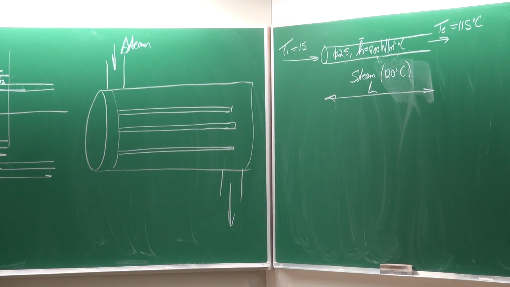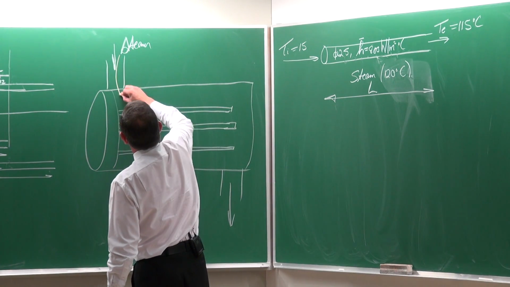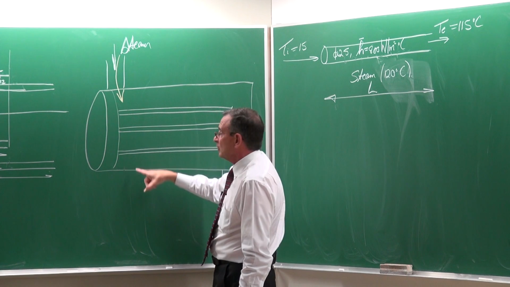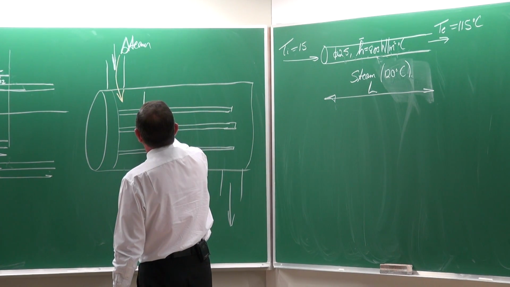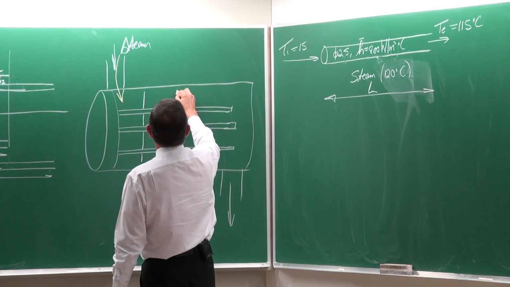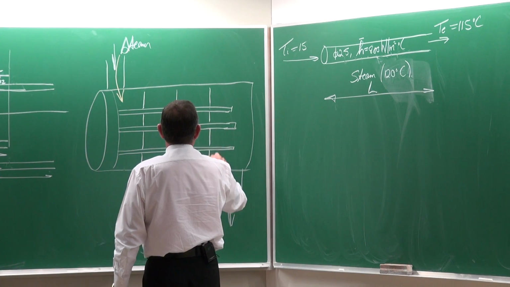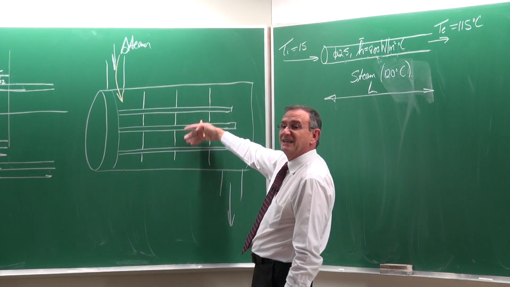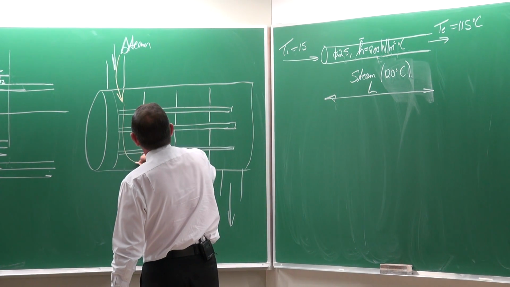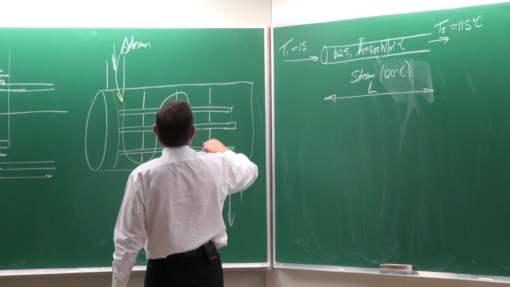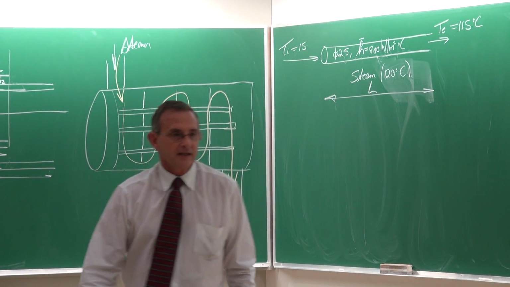And the steam is typically going to enter here. It's going to be on the outside of the tubes. And in here we will have some baffles, like that. I've just shown 3 tubes here, but it can be hundreds of them. So the steam is going to be on the outside of the tubes, and it's going to flow around that, and it's going to flow out like there.